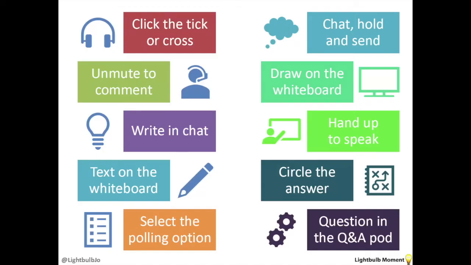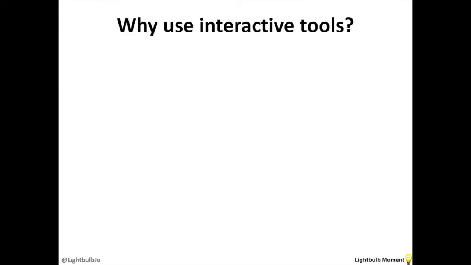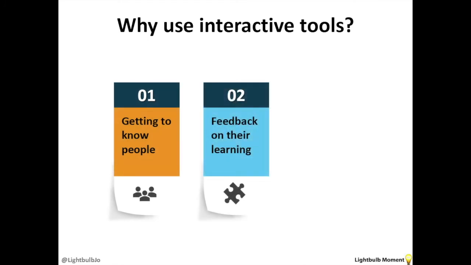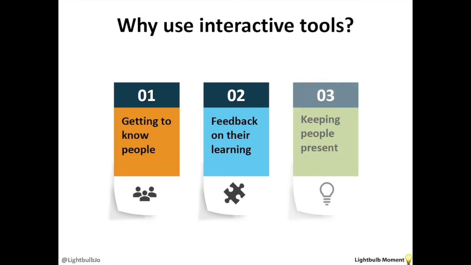Now, we mentioned these different tools earlier on, or different ways of facilitating in a live online classroom. And when we think about why we use these tools, it falls into some general different categories. So it's about getting to know our learners, getting to know people. We need feedback about what it is they're learning to tailor what we're doing, as well as keeping people present in the virtual classroom.